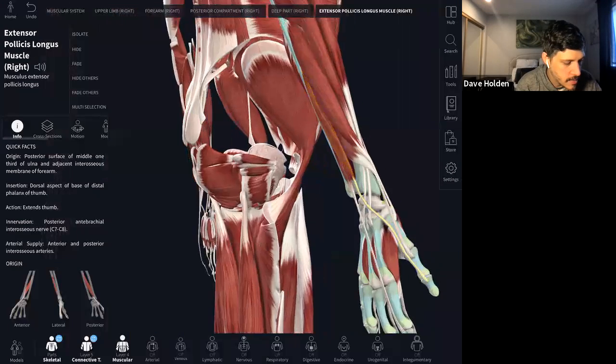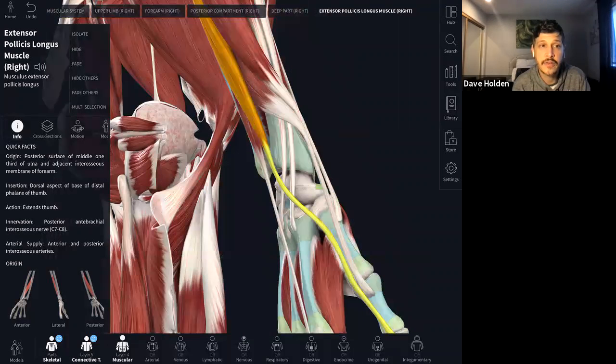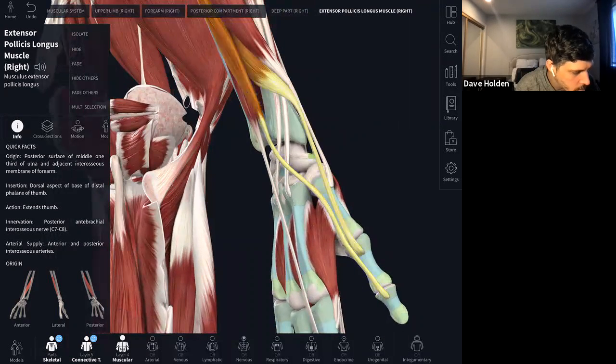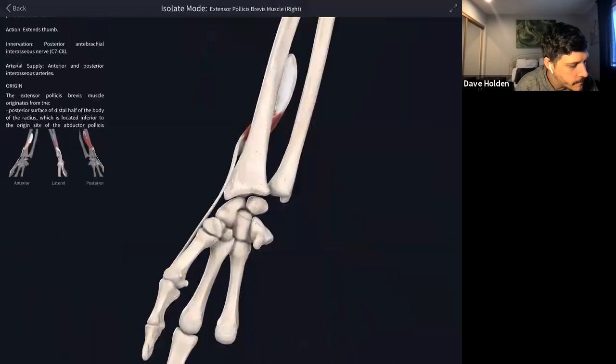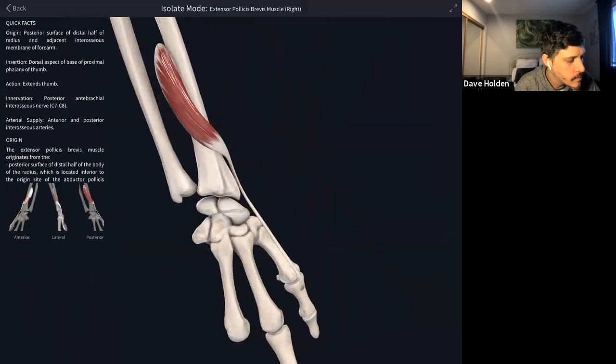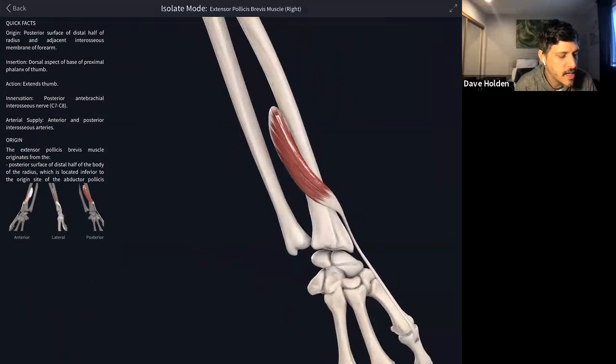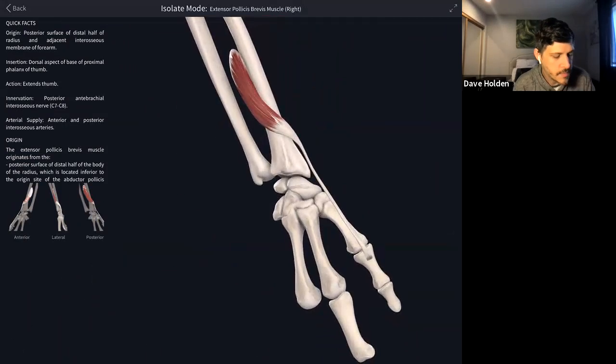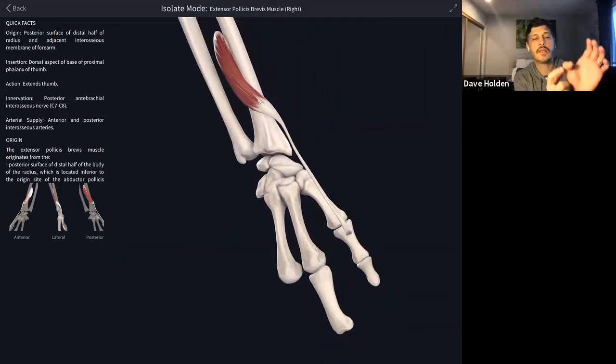And we can see, still highlighted in yellow, is the longus. Our brevis should be there, originating off the radius and the interosseous membrane, inserting, whoops. This one did not insert on the distal phalanx.